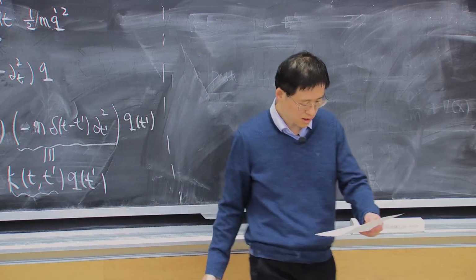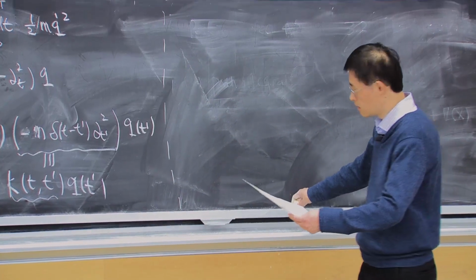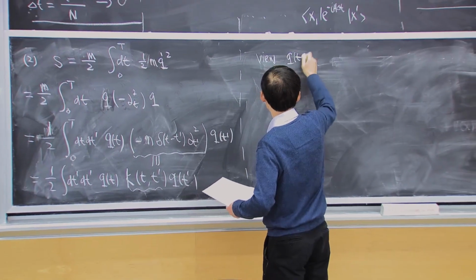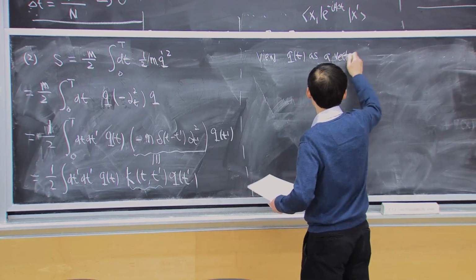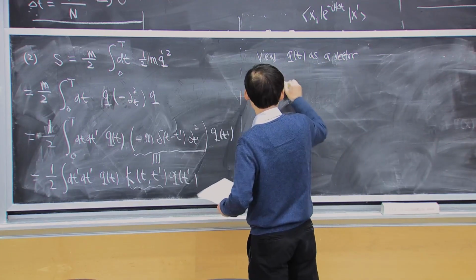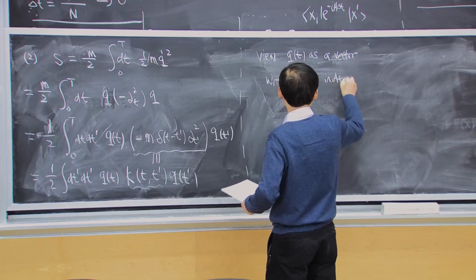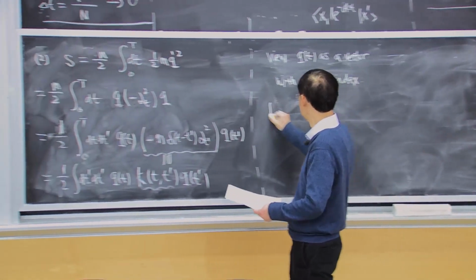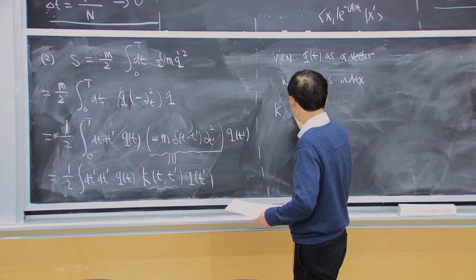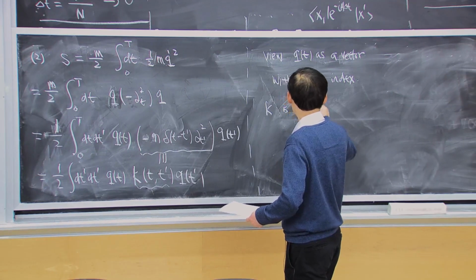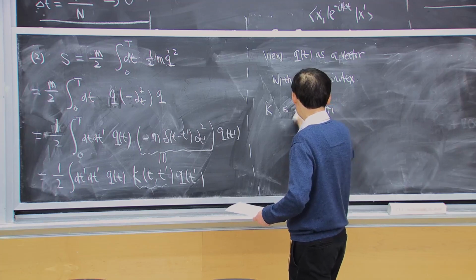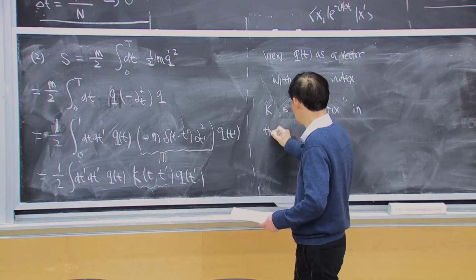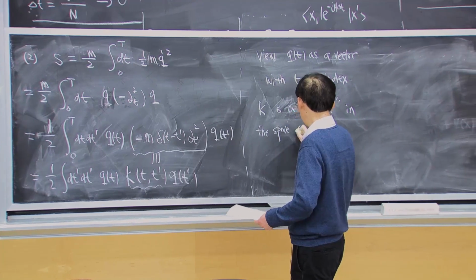So now we can view q(t) as a vector with t as the index, and k is the matrix in the space of q(t).